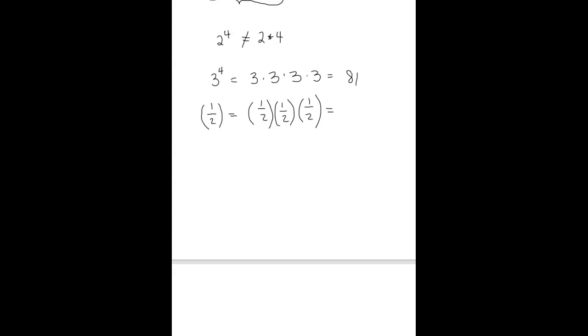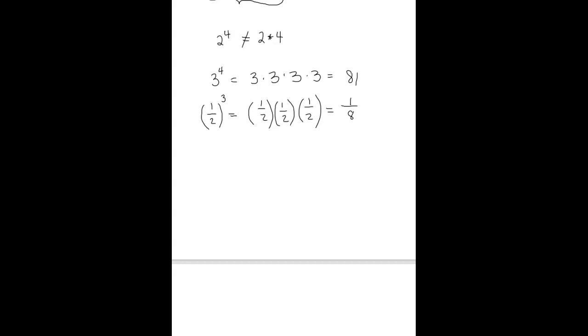All right, 1 times 1 times 1 is going to give you a 1. 2 times 2 times 2 is going to give you an 8. So if I have 1/2 cubed, that's going to become a 1 over 8, or 1/8.